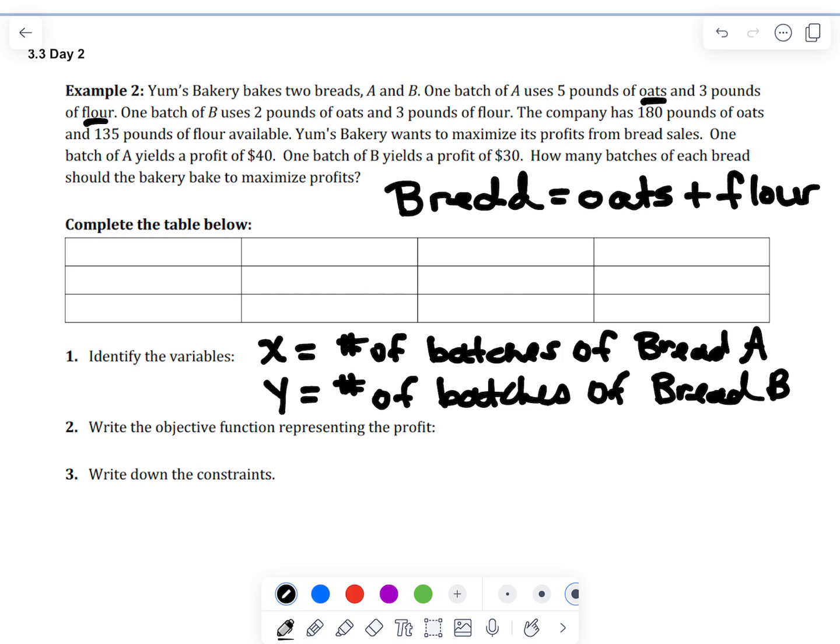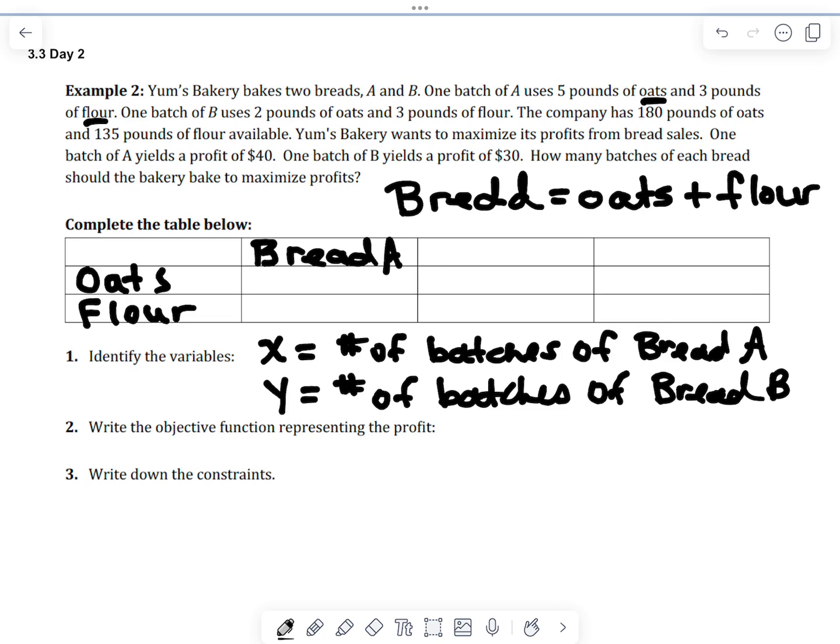I'm going to let the first column be the constraints for the oats and the flour. The second column is just going to be about bread A with its restrictions. The third column is going to be the restrictions for bread B, and then the max amount allowed.